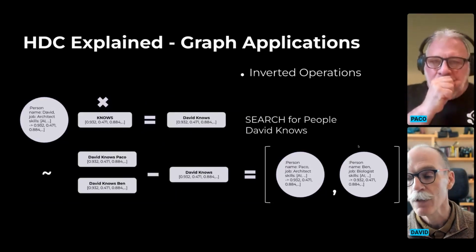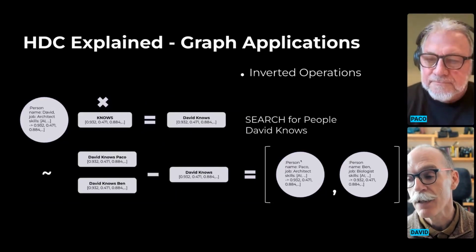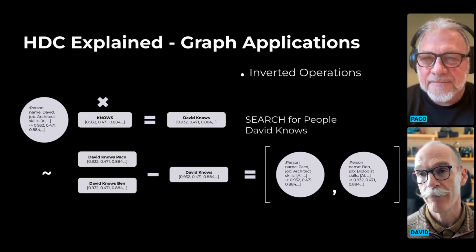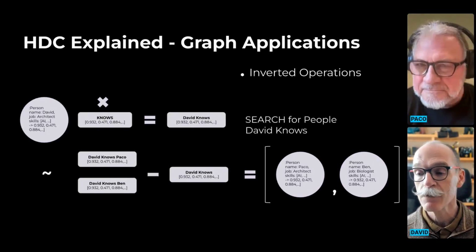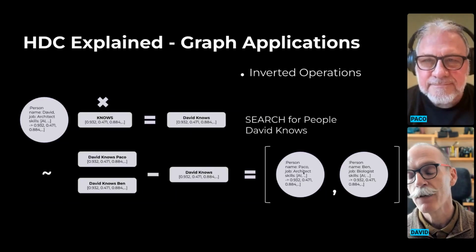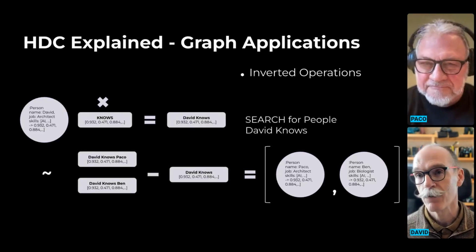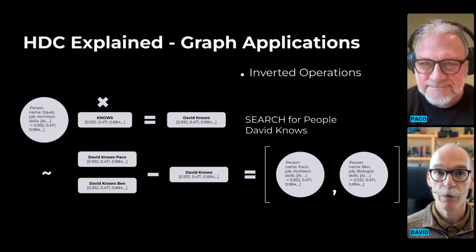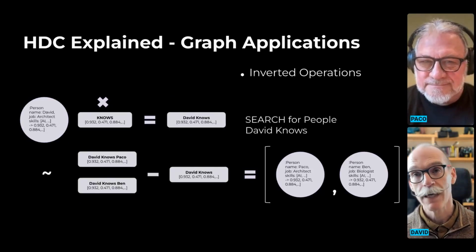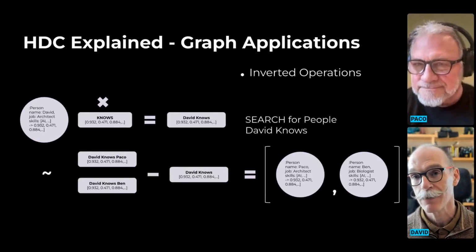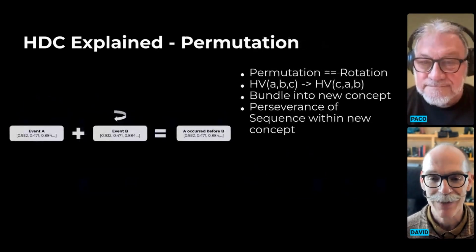And lo and behold, I will actually get back the nodes by virtue of the fact that I have them as metadata in my embedding space. I will get back the nodes for who in fact does David know. And you can do this all the way out through things like friends of a friend, or I'm looking for people that David knows that work for EK or that work for Senzing or understand entity resolution. And there's a lot that can be done there.